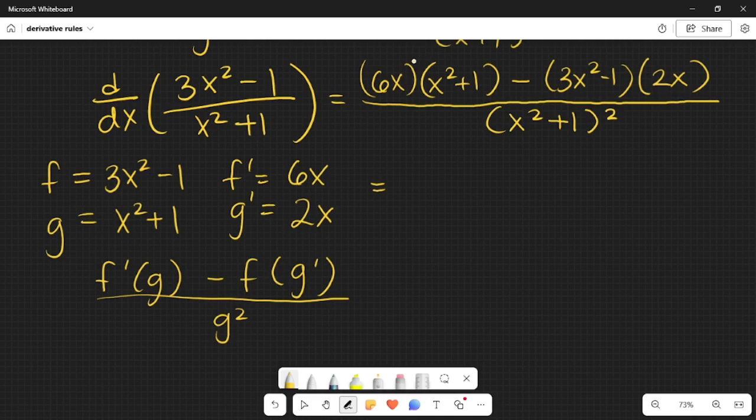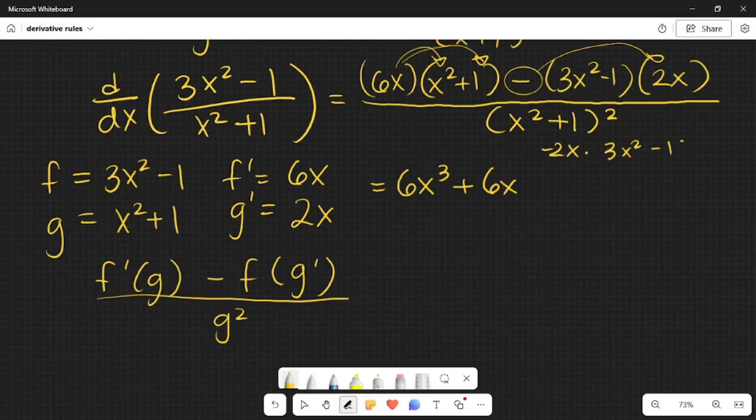Okay, simplifying this, we're going to distribute 6x to this binomial, which is 6x cubed plus 6x. And then we're going to distribute negative 2x multiplied by 3x squared minus 1.